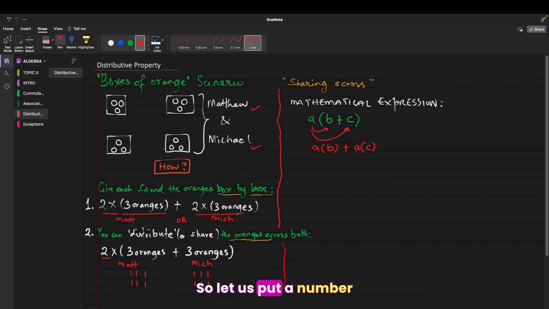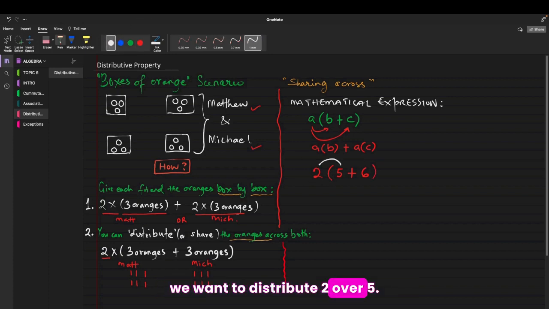So let us put a number to this mathematical expression, right? So here we're saying that 2 into the bracket of 5 plus 6. So what we're saying here is that we want to distribute 2 over 5, and then again the same 2 we're distributing over 6.